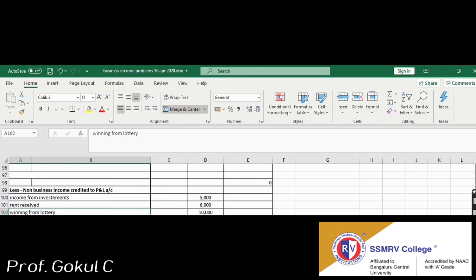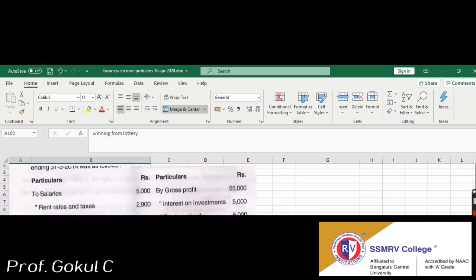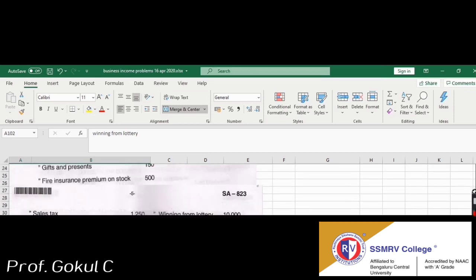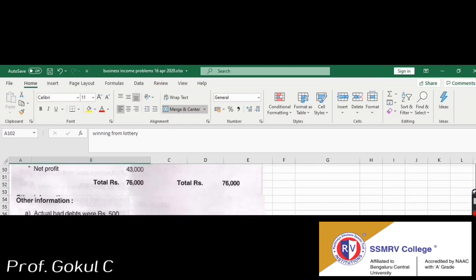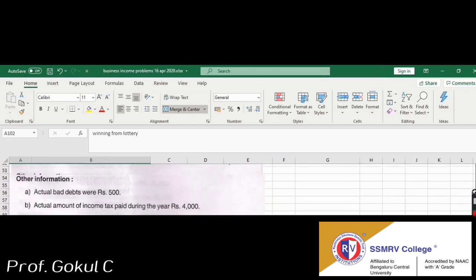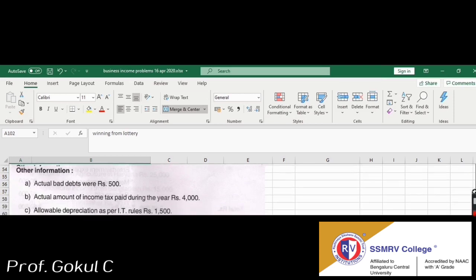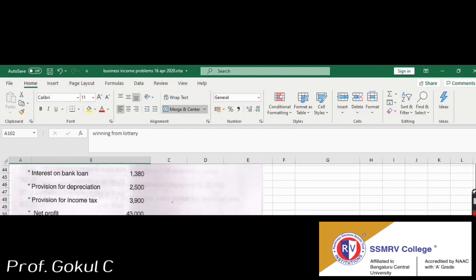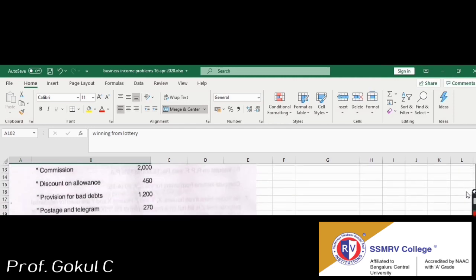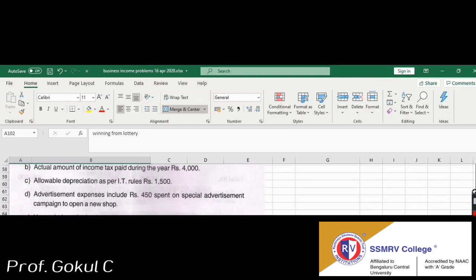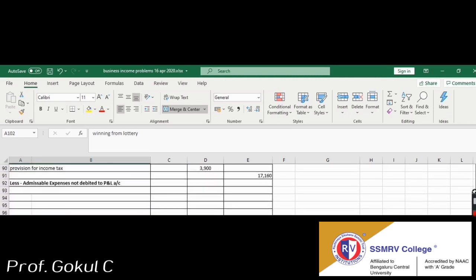Okay, so we have taken care of all the P&L items and some adjustments, and some more are remaining. Let us see what they are. Actual bad debts were 500 rupees. How much provision have we made for bad debts? Provision for bad debts that we have made is 1,200, out of which the actual bad debts is 500.